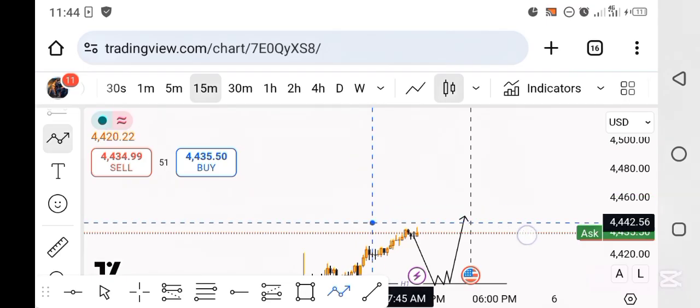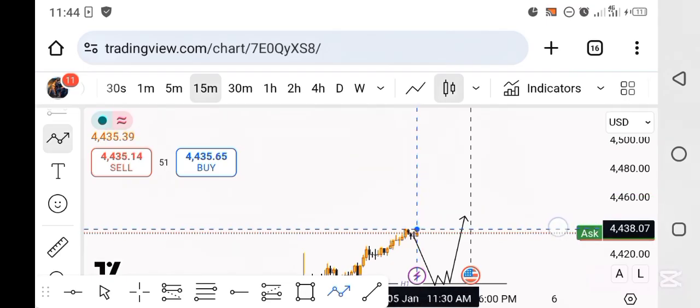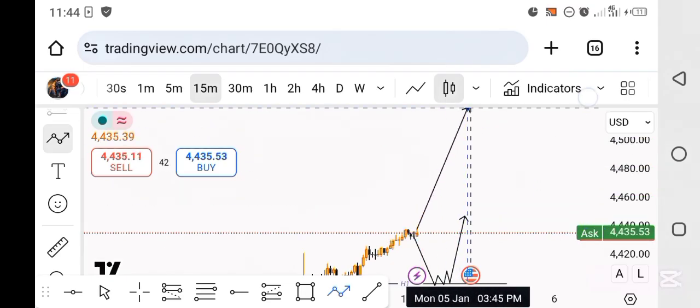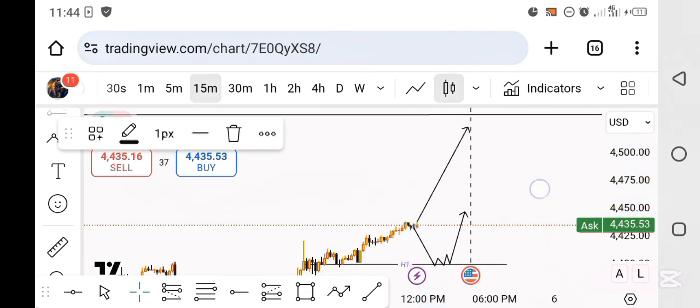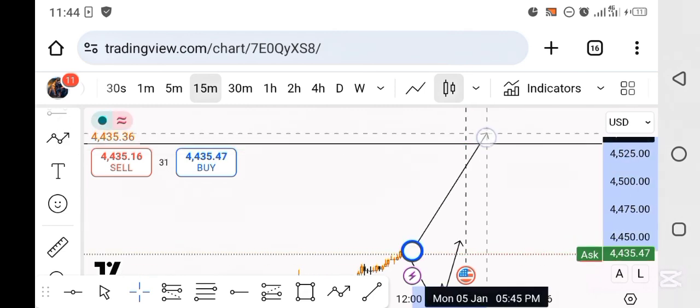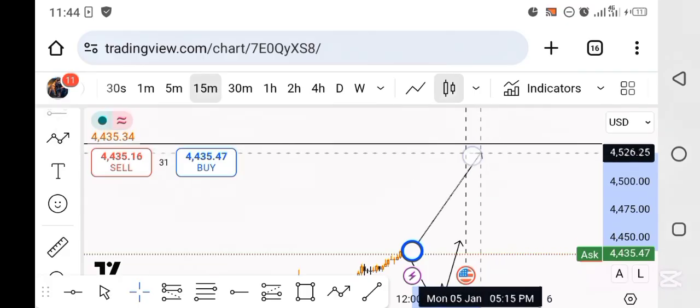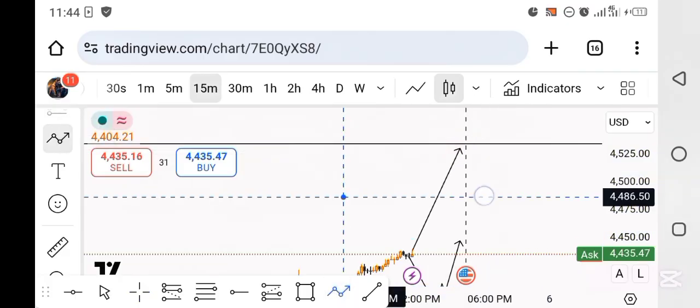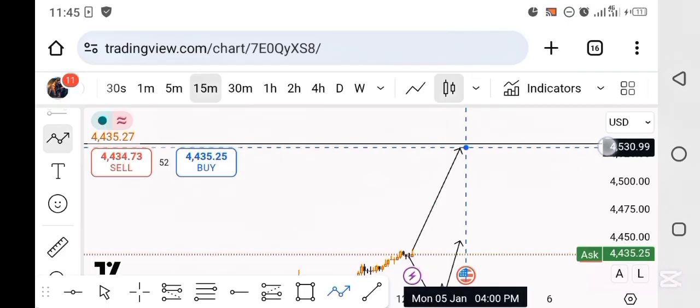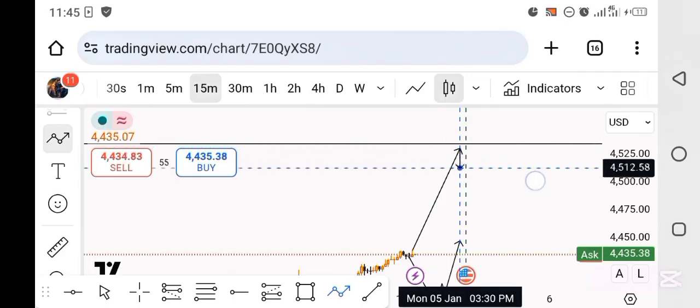And if the market fails to pull back to that level, then we'll wait for the market to push up to this point. Once the market pushes up to that point, we either wait for a tweezer bottom or wait for this.